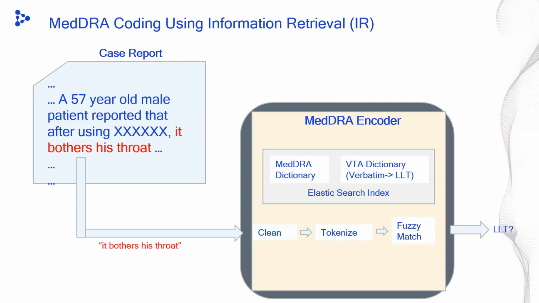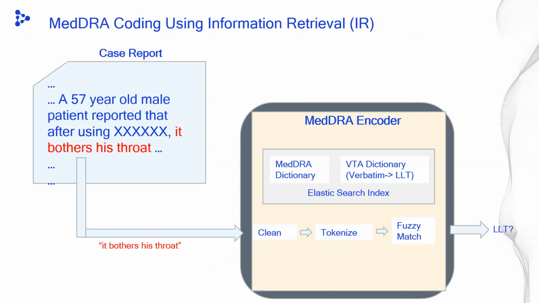I'm showing here a typical system with direct matching with the MedDRA dictionary as well as synonyms. Generally, an information retrieval system like Elasticsearch is used, where the reported term is cleaned of stop words like "it", and then the rest of it is tokenized and matched.